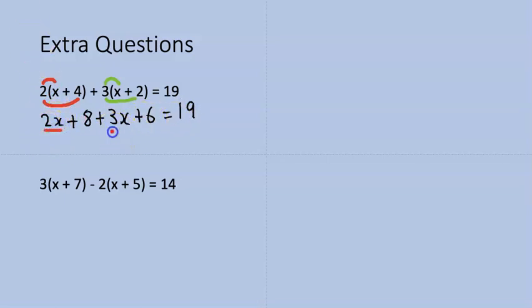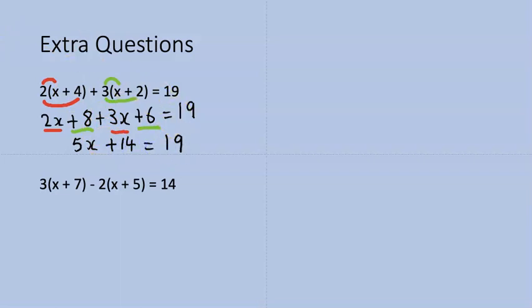Now what I do, I then collect up the x terms. So 2x plus 3x gives me 5x. And then plus 8 and plus 6, that gives me plus 14. That equals 19.